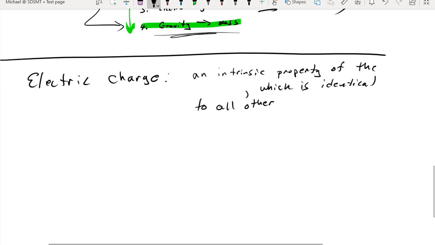I don't want to say of the material, I want to say of the particle. Because materials are going to be made up of collections of particles. So this is an intrinsic property of the particle, singular, there we go, which is identical to all other particles of that type.